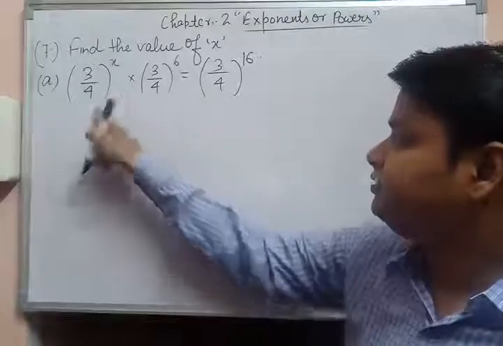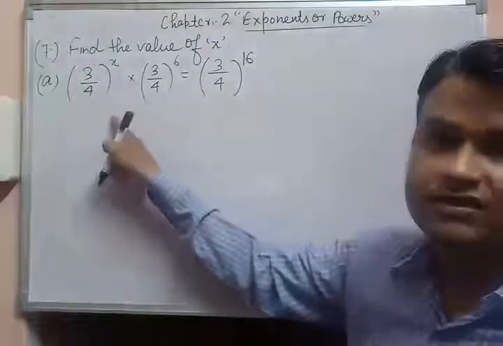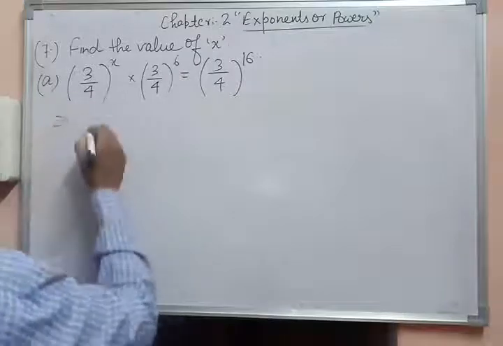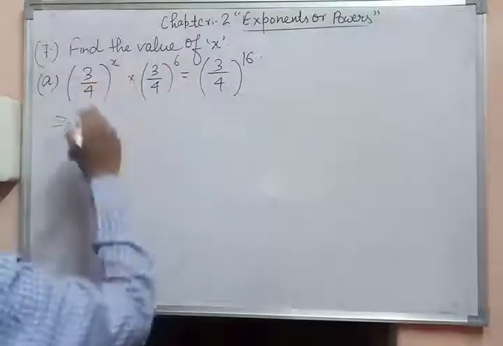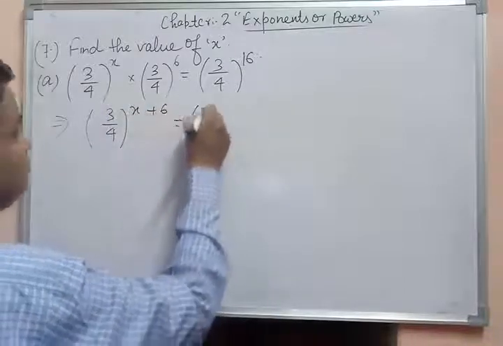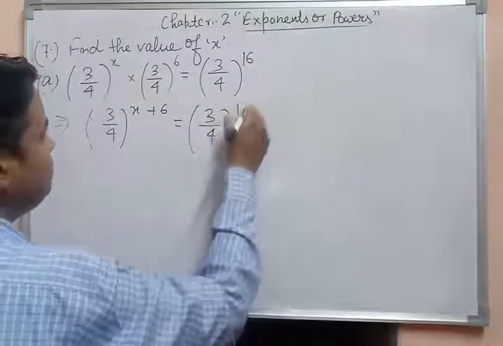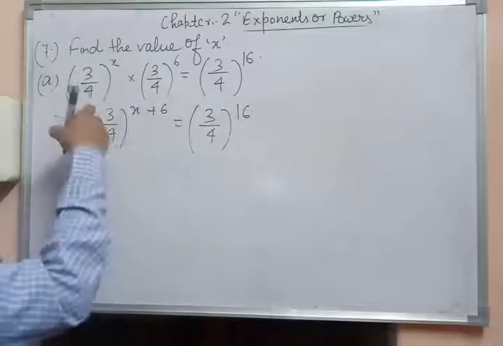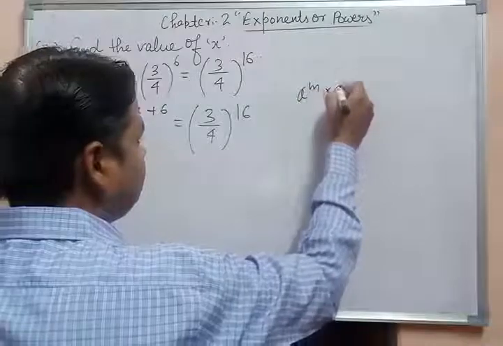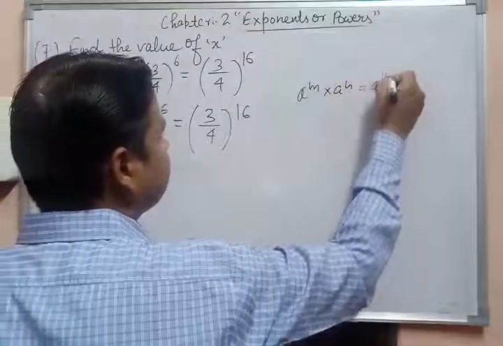Here both bases are the same, so you have to add the powers: x plus 6 is equal to 3/4 to the power 16.